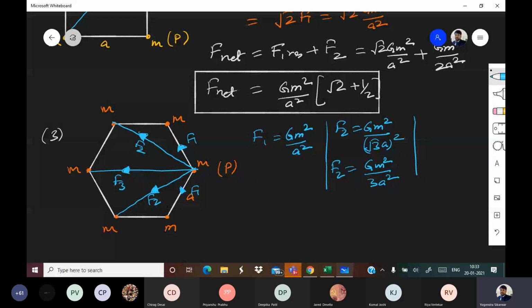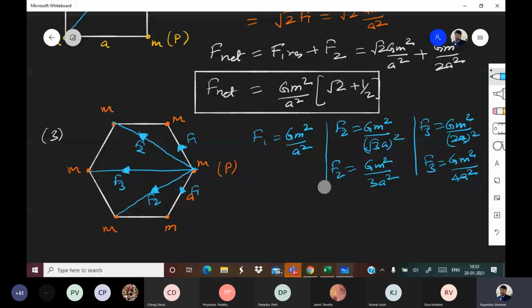F3 is how much? G M square upon 2A whole square. F3 comes out to be G M square upon 4A square. Now, listen very carefully.